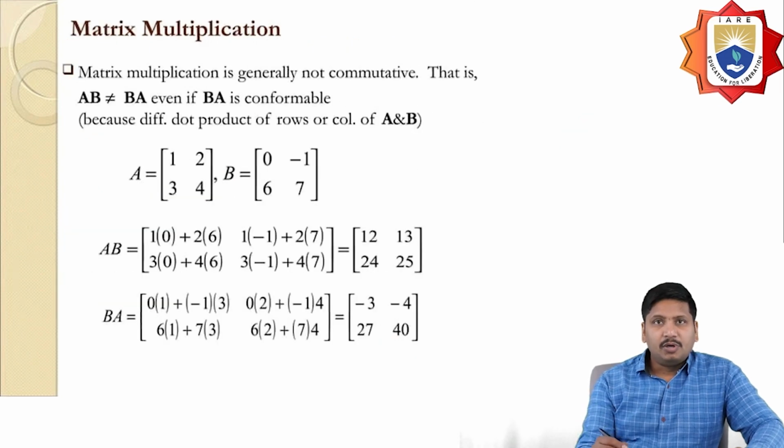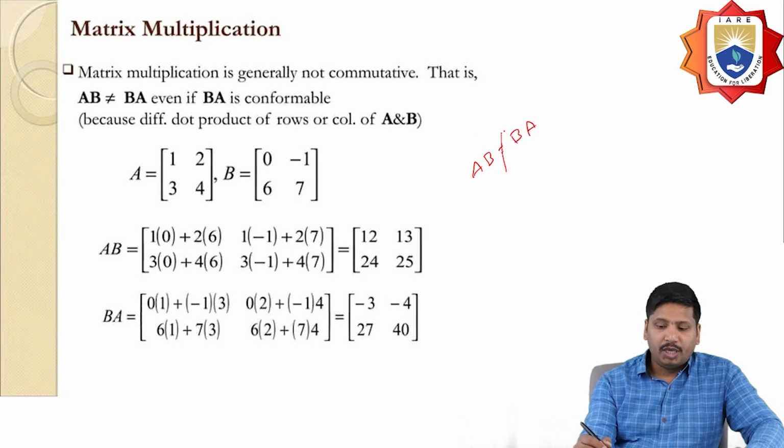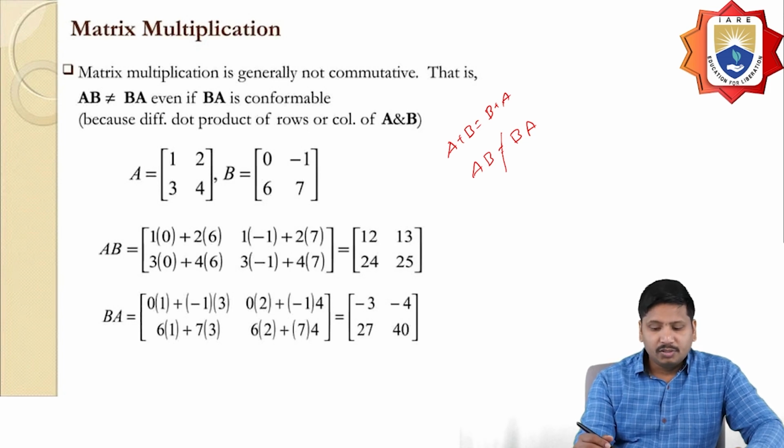Let's see an example of how this is possible. In the case of matrix multiplication, if I multiply two matrices, then AB should not be equal to BA. In the case of A plus B, it should be B plus A. Now see the values.